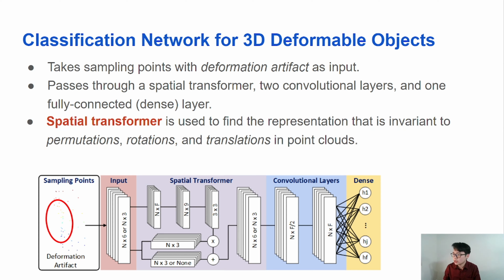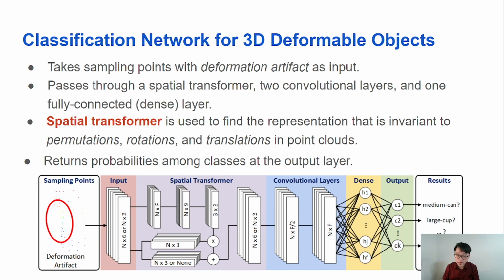The reason we use a spatial transformer here is to find a representation of the objects that is invariant to permutation, rotation, and translation, which is induced by the nature of point clouds. And lastly, our network returns the probability among the classes at the output layer.